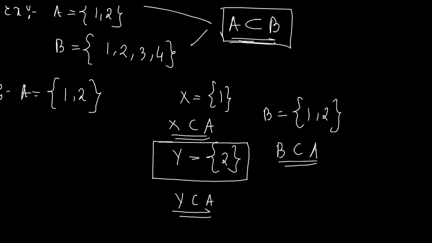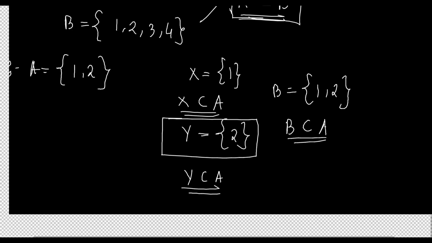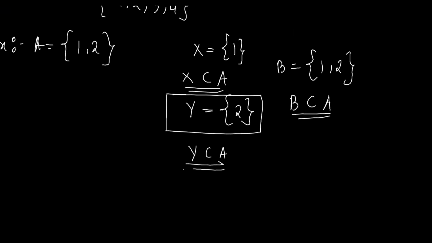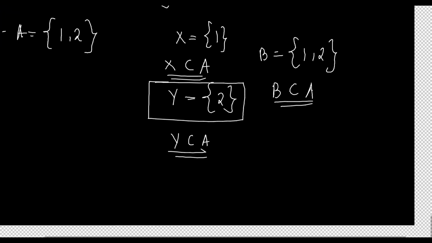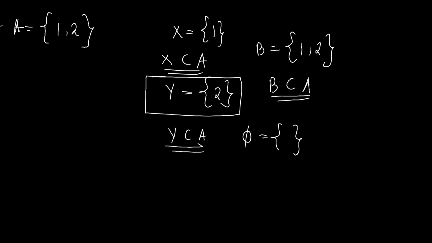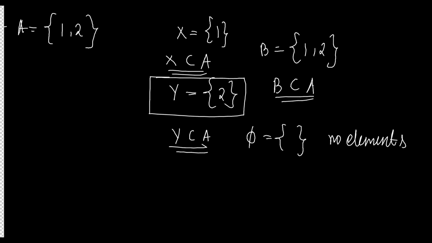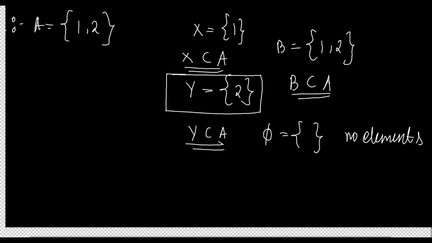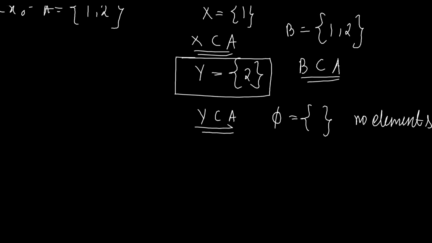Okay. And another set is phi, where phi means the null set. Here nothing is present. Besides 1 and 2, it has no elements. Since except for 1 and 2 nothing is mentioned, we can say that phi is also a subset of A. You have to remember a point that I will write down in the next part, that phi is a subset of every set.